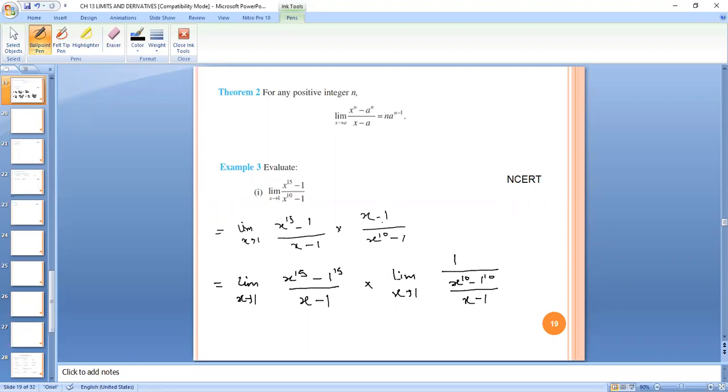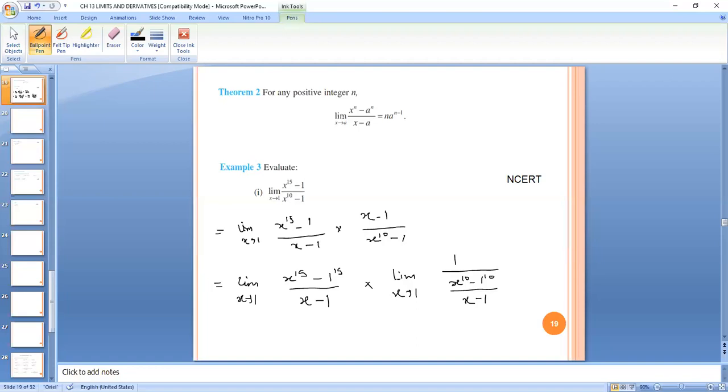If I have x minus 1 in the numerator, I can write it in the denominator of the denominator, because it is again the term which comes in the numerator, right? So I can write this way.